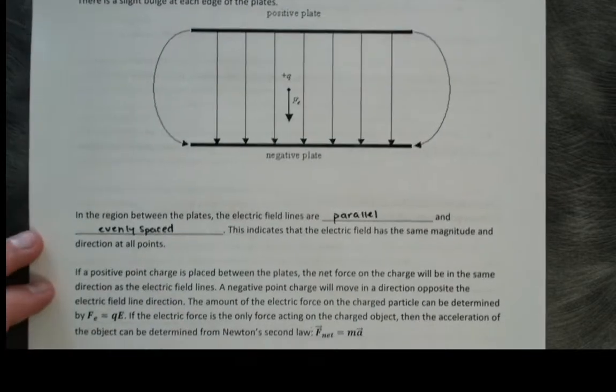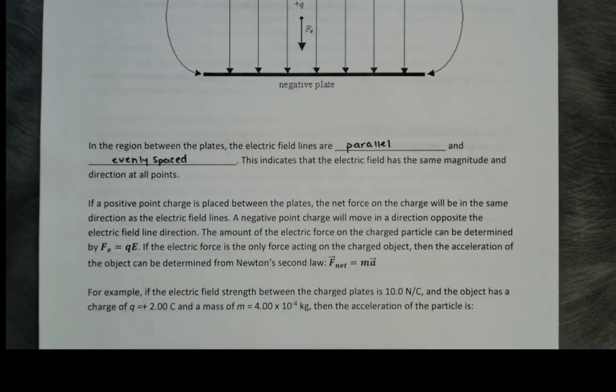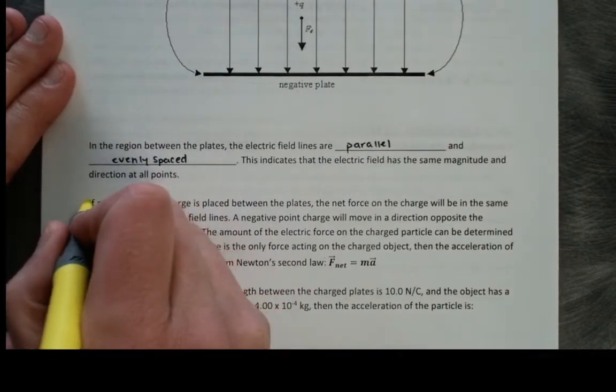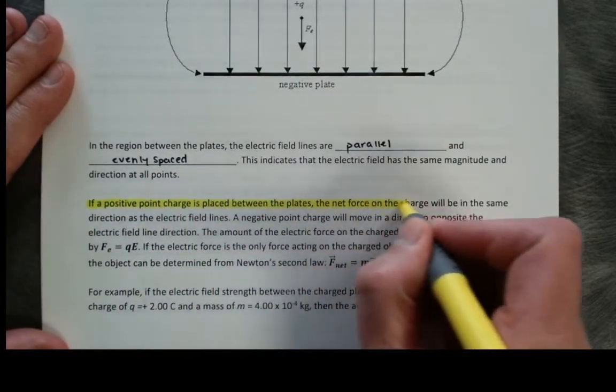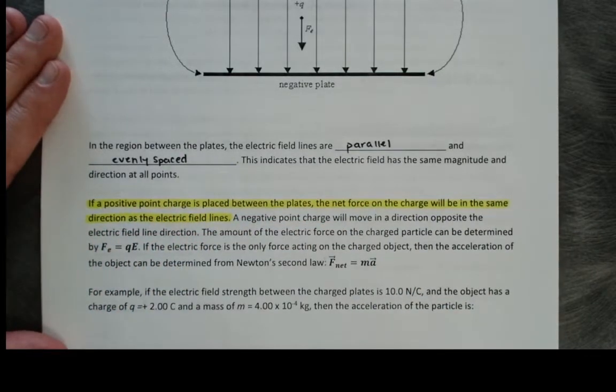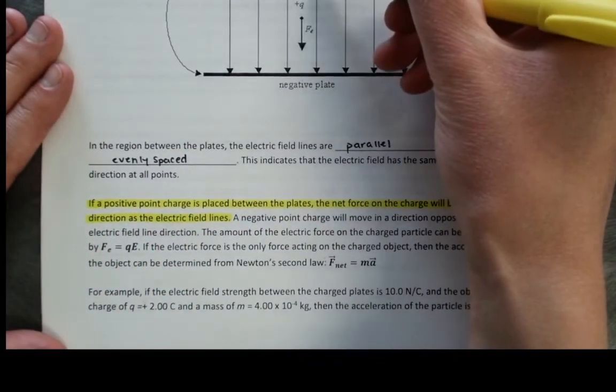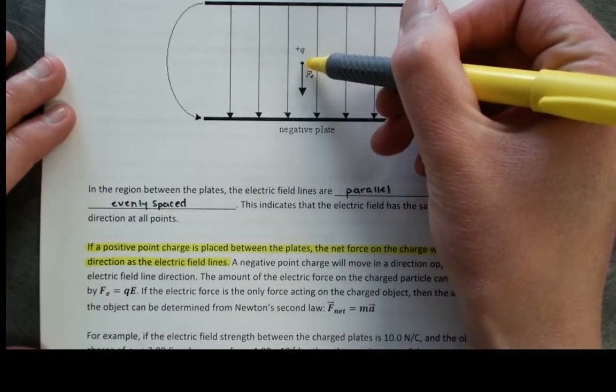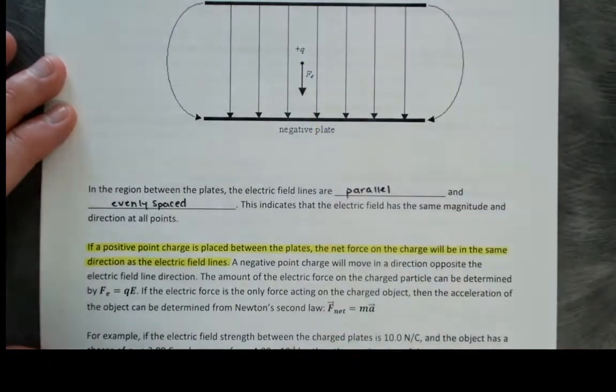If we place a positive point charge between the plates, the net force will be in the same direction as the field lines, because the positive point charge is going to want to move away from the positive toward the negative.